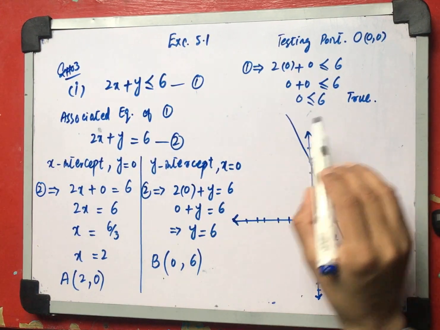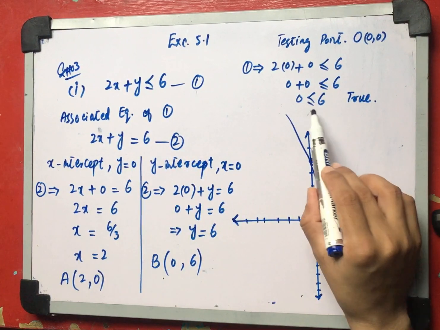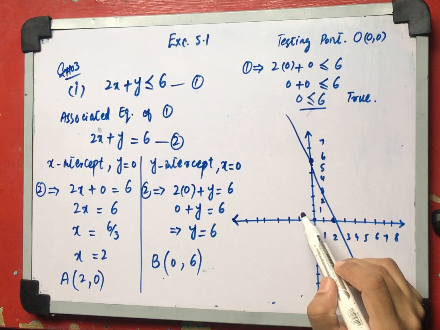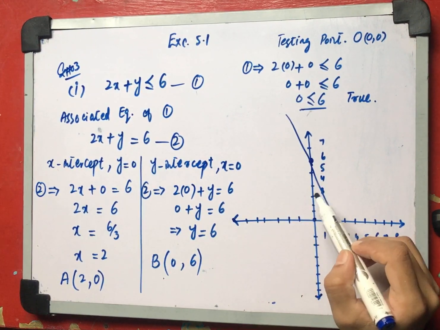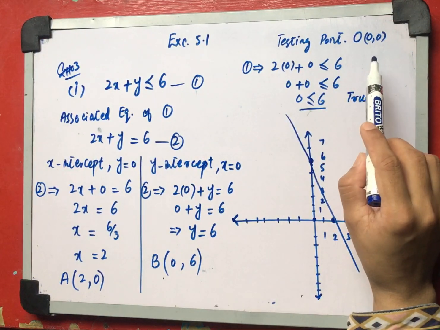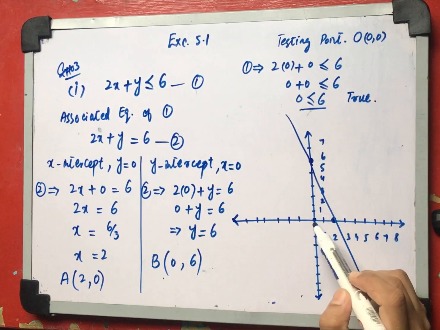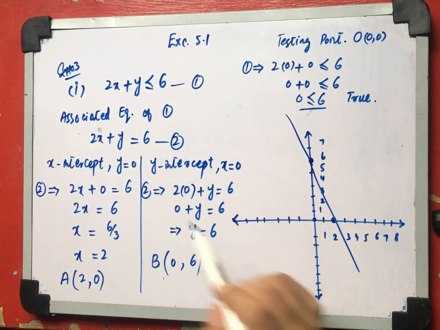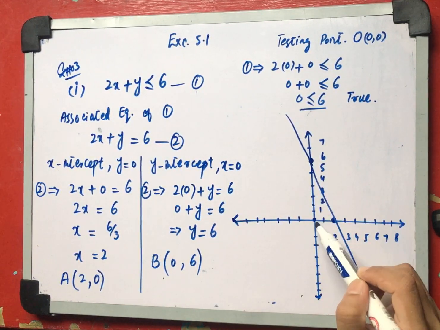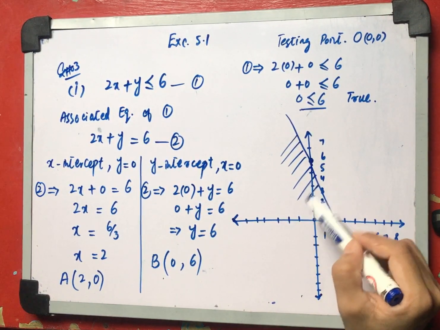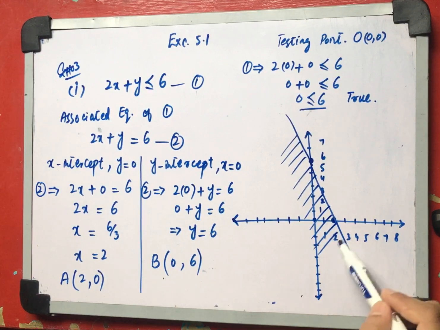Now check this testing point. It is satisfying this inequality, means this condition is true. If it is true, then we have to shade the region towards the origin, because this inequality is satisfied by the origin. Okay, the origin point is satisfied for this inequality, so we have to shade all the area towards the origin, like this.